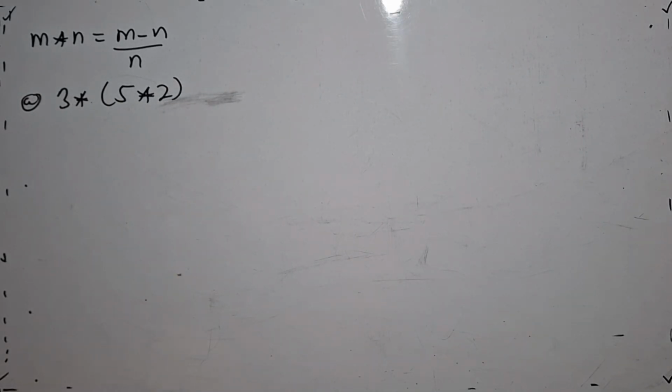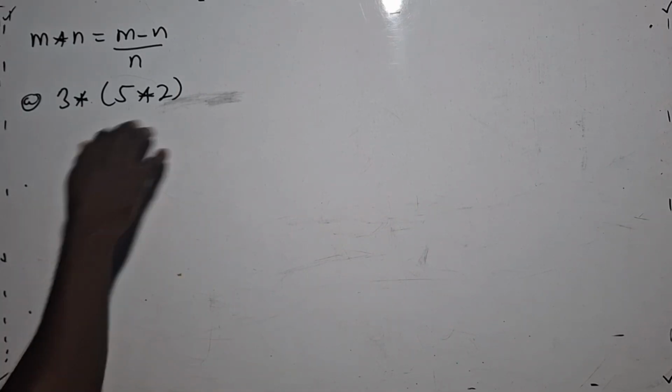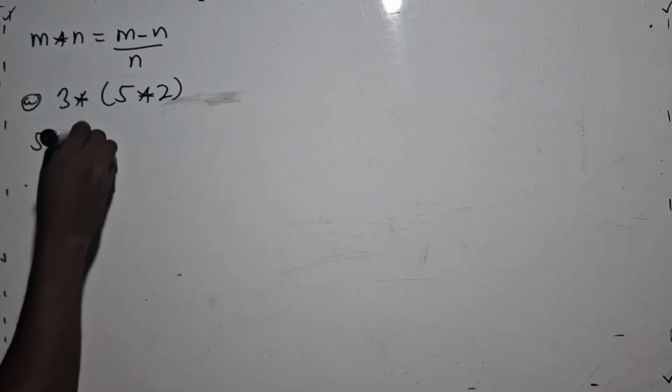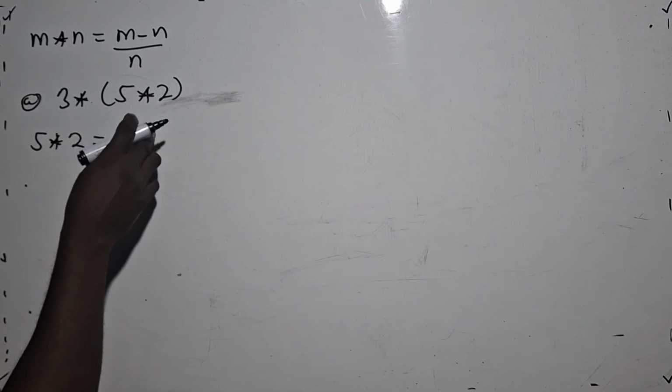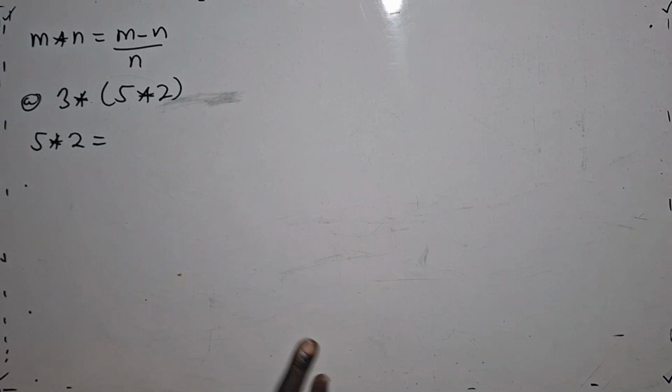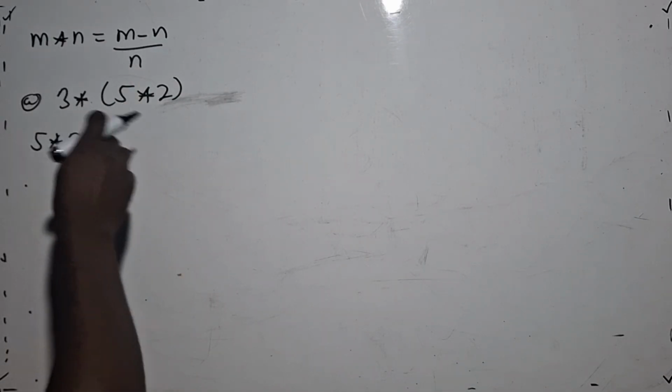Now, as I explained in the previous video, you solve the one in the bracket first. So I'm going to use the first one, 5 operation 2. And the answer you get here, you combine with this as two elements. That's binary operation.